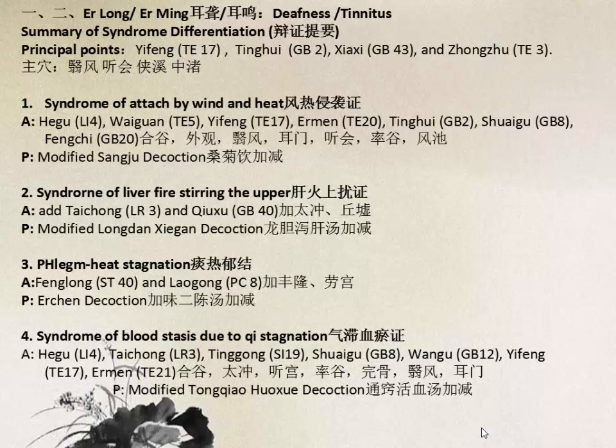All right, summary of major points. TE or triple energizer, Sanjiao 17, gallbladder 2. We don't have them yet. The problem is this book doesn't necessarily correlate with the PowerPoint slides. I have the book on PDF as well, so I can use this.